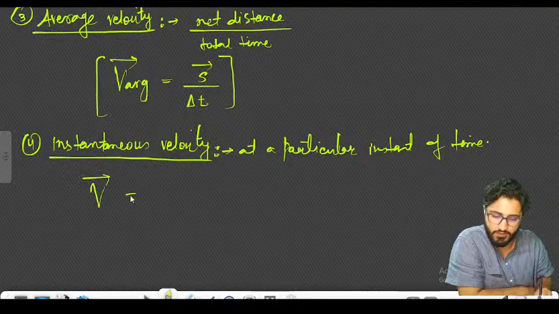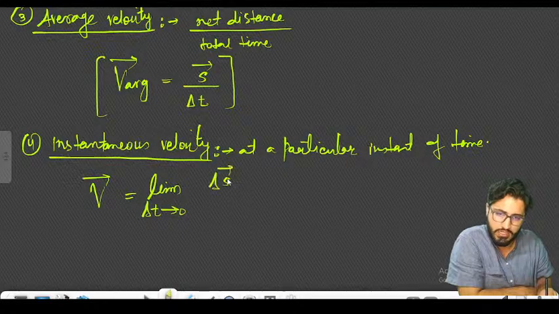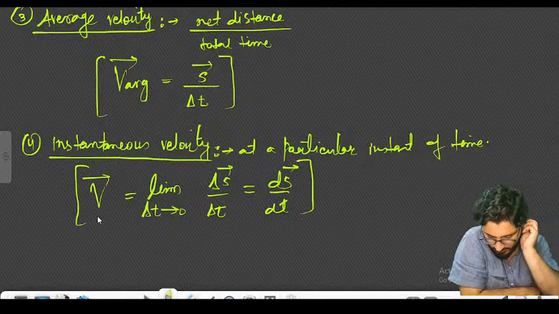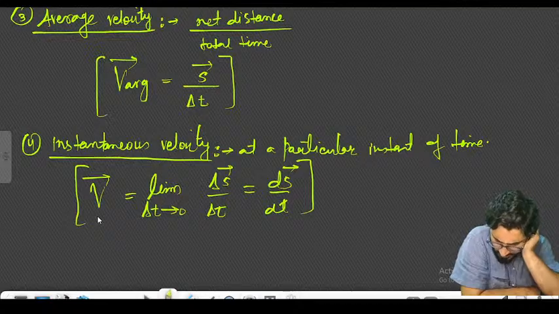You can write V equals limit delta t tends to 0, delta s by delta t, that is ds by dt. These are very commonly used equations in kinematics, right?